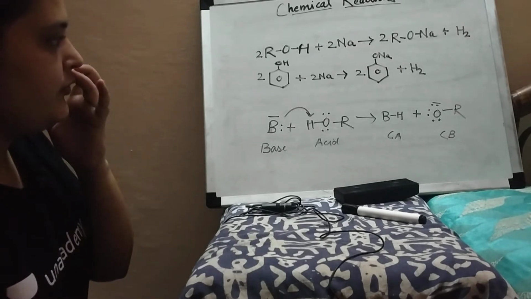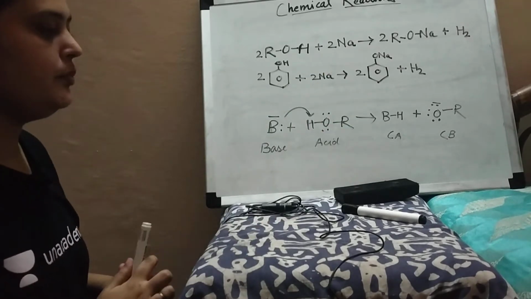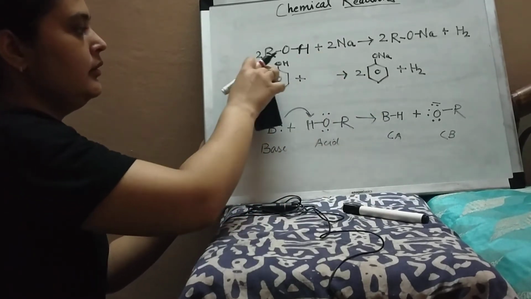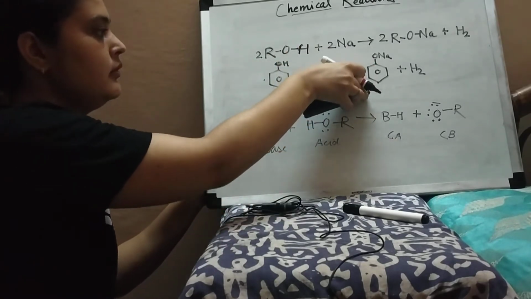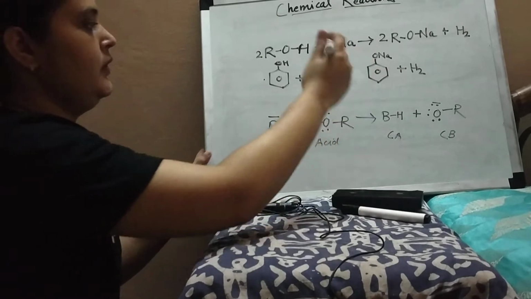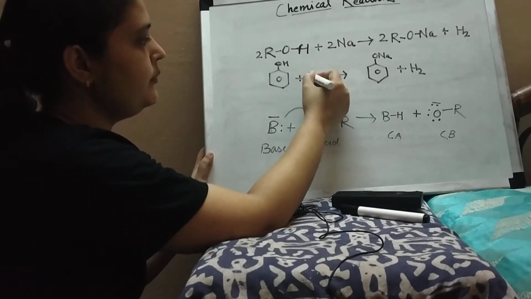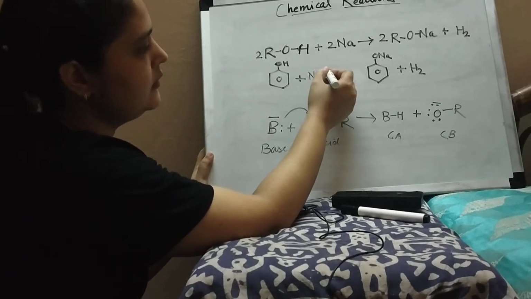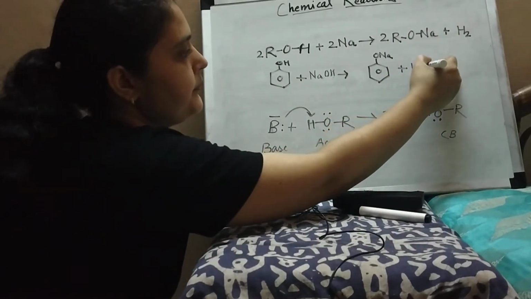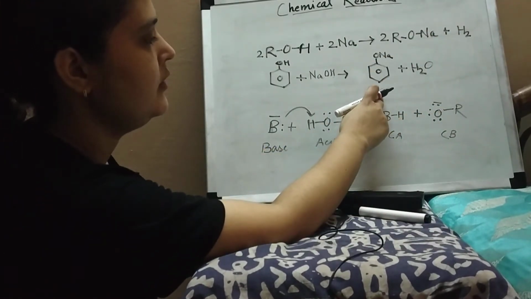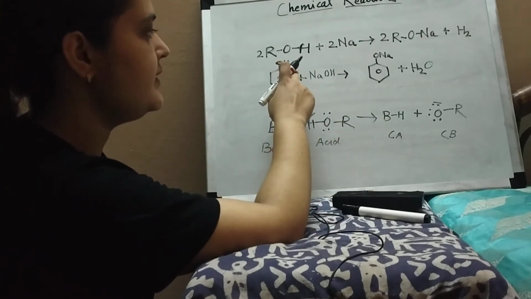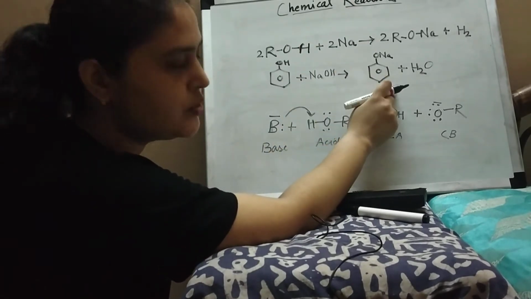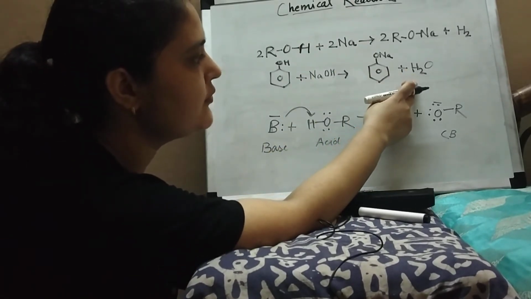Now next, instead of sodium, if you use a base like NaOH, sodium hydroxide, the product will be the same, sodium phenoxide. The OH bond is still broken and sodium gets attached to the oxygen atom, forming sodium phenoxide, and an H2O molecule is formed as a byproduct.